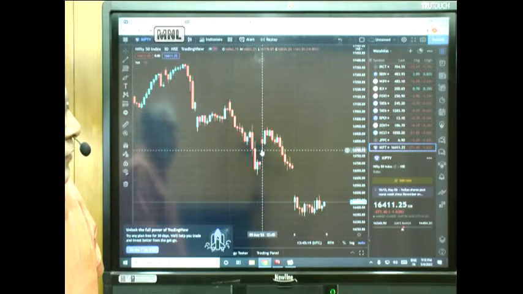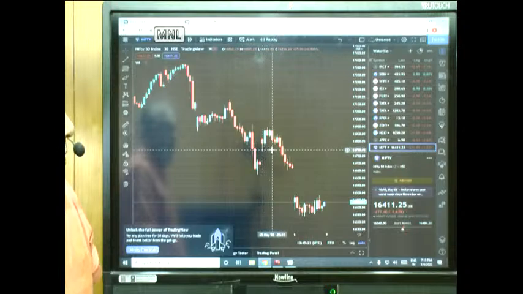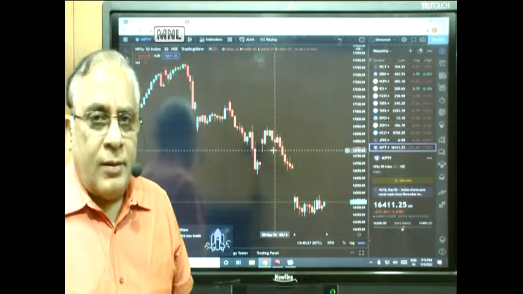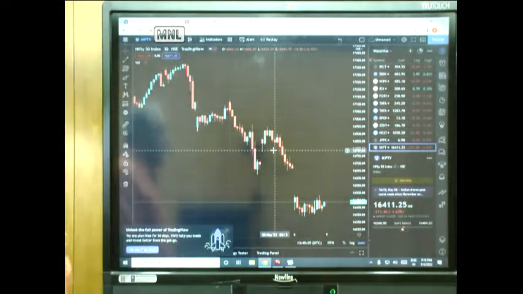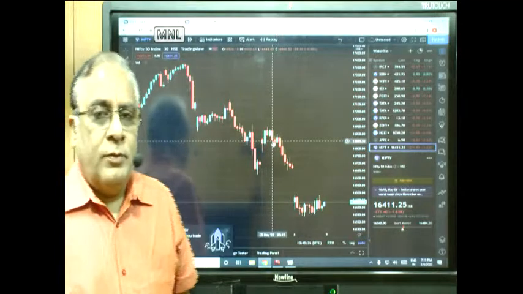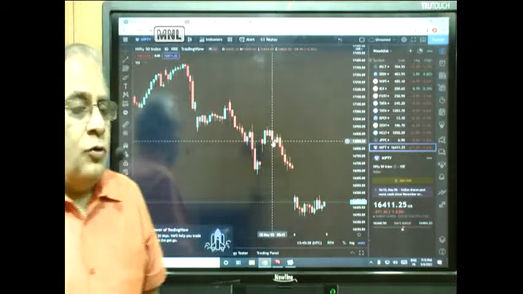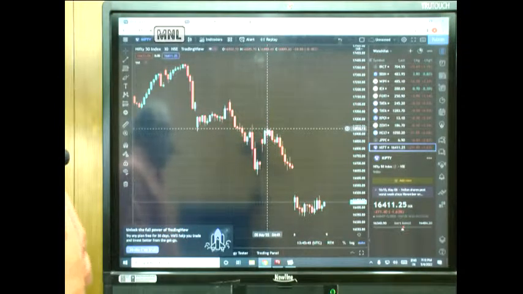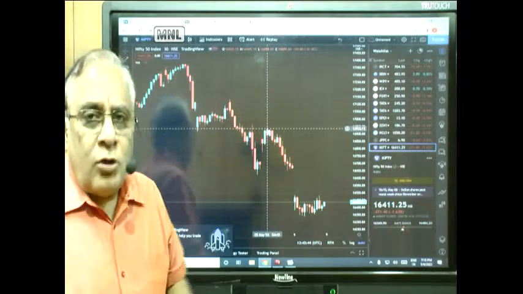Okay, so let's wait for a corrective pullback to happen. And if you see, the corrective pullback has come here. But when the corrective pullback came here, it had already broken the last 30 minutes low. That means it gave a feeling that this probably could be a top, right?